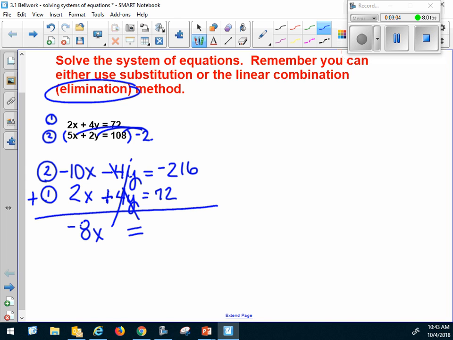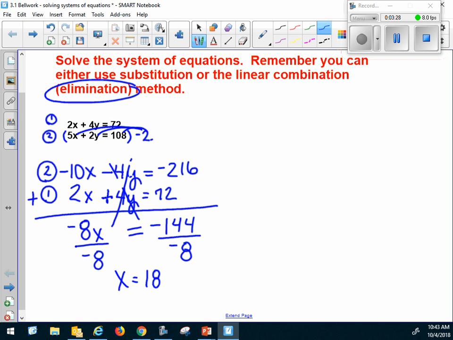Tell me if I'm right. Negative 144? Okay. Divide by negative 8. And what do we get for x? Positive 18.